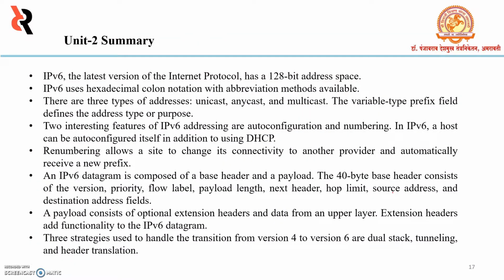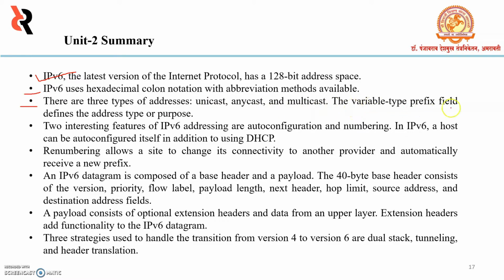Let us see the unit summary, what we have studied in this second unit. IPv6 is the latest version of IP with a 128-bit address space. It uses hexadecimal colon notation, and abbreviation methods are available. There are 3 types of addresses: unicast, anycast and multicast.